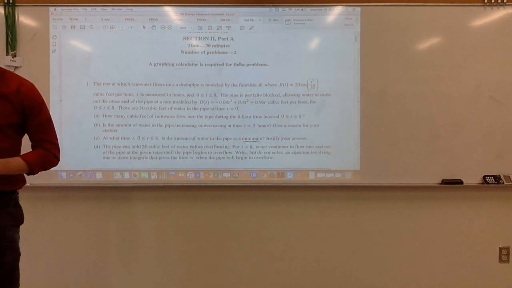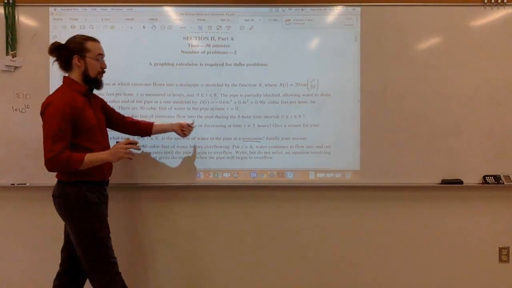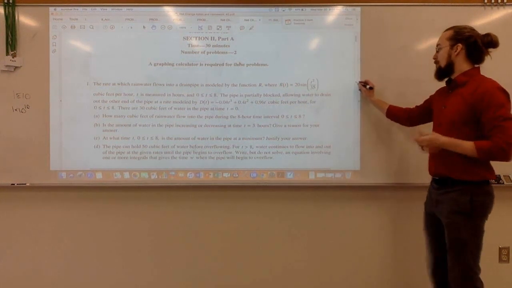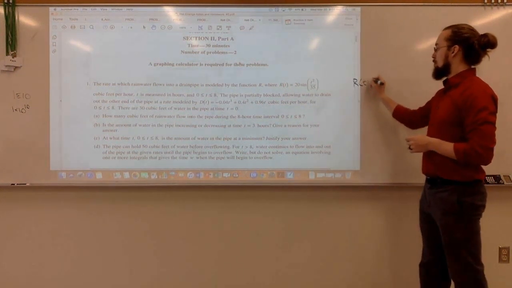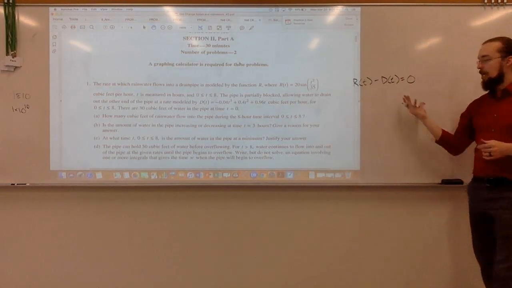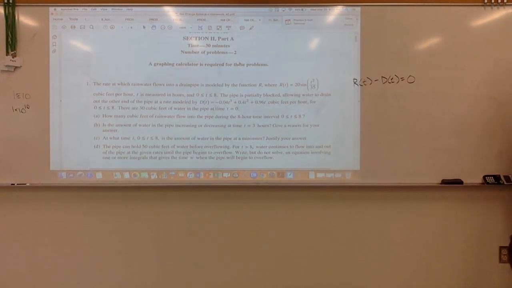Okay. So what we want to do, the function that would model the rate at which water is coming into the tank is R of t minus D of t, right? So I want to set that equal to 0.